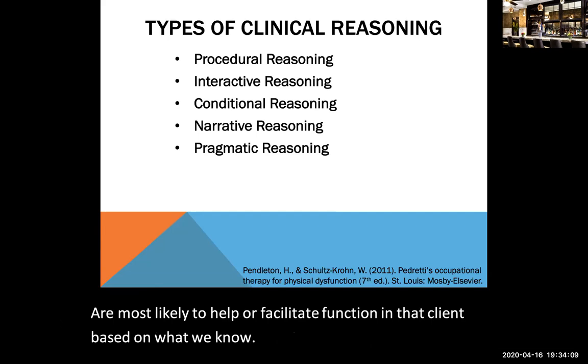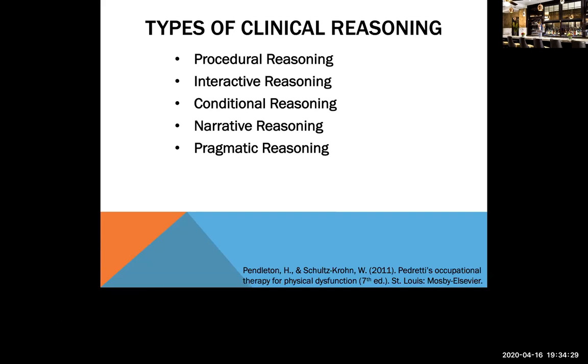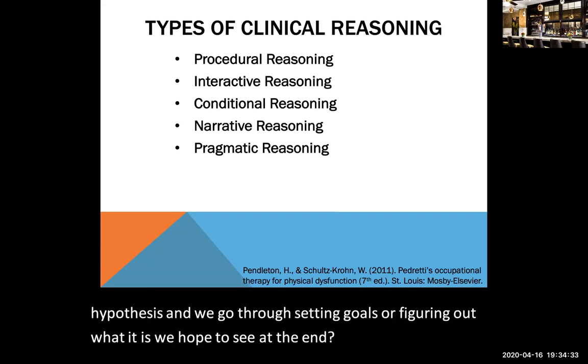So with that, we've used the process that kind of reminds me of what you do when you're doing a science fair project. We start with a problem identification, then we have a hypothesis, and we go through setting goals or figuring out what it is we hope to see at the end. And then we do that and circle back and see if we were correct. That's what procedural reasoning is.